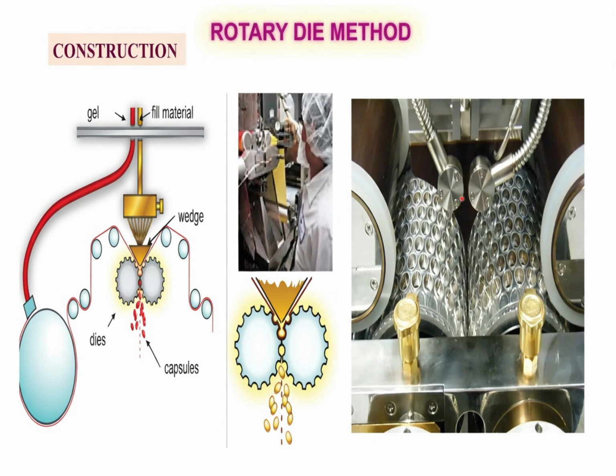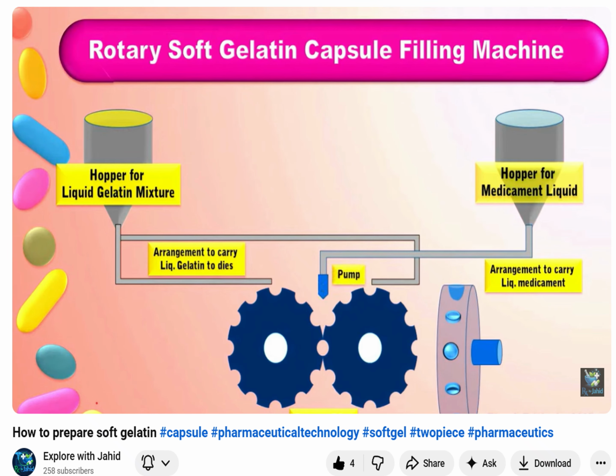Here API is coming and this is the soft gel, which will get attached in this location in a predetermined manner. I have a separate video on the rotary soft gelatin capsule filling machine. If you have any confusion regarding the overall process of preparation of soft gelatin capsule by this method, please watch this video.